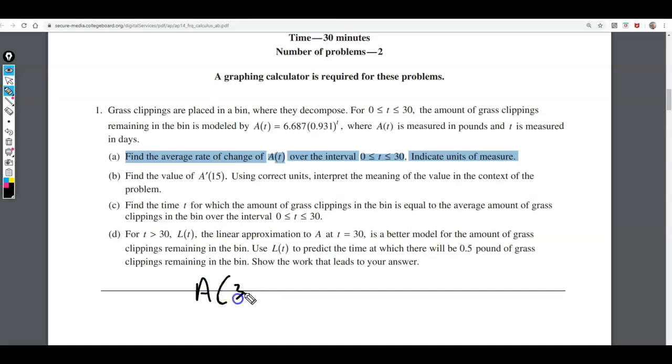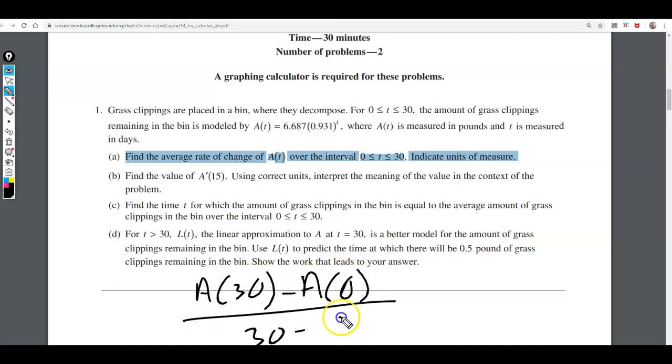A of 30 minus A of 0 all over 30 minus 0. Now the bottom is obviously 30, and the units there, in this particular problem, are days. That's 30 days.